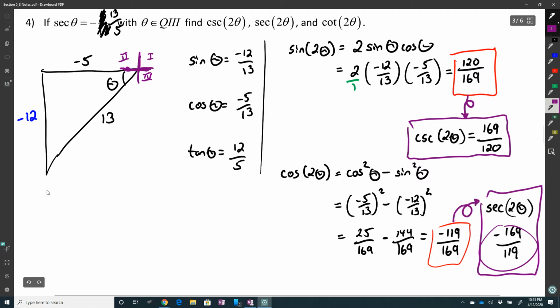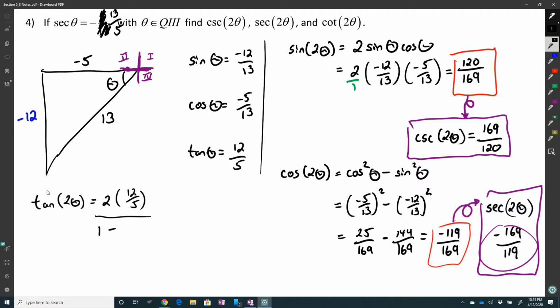Okay, and now for the last one, since I used sine over cosine, I'm just going to go ahead and use the formula just to do it both ways. So tangent of 2 theta is equal to 2 tangent theta, 12/5, over 1 minus tangent theta squared. So that's 12 over 5 squared.